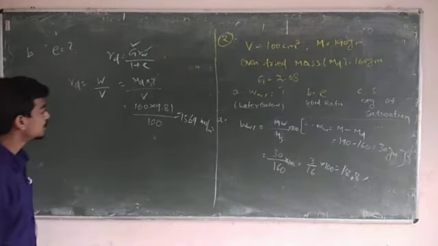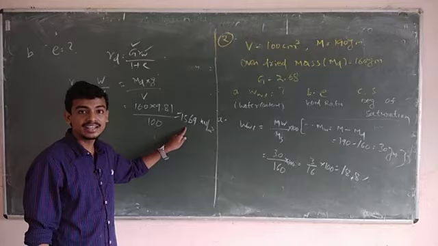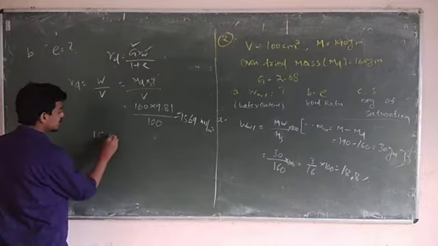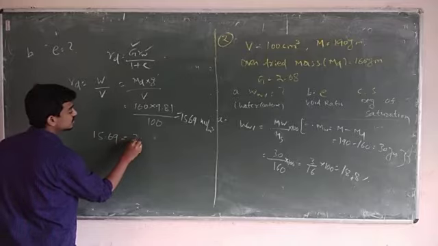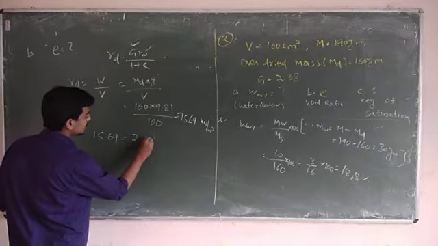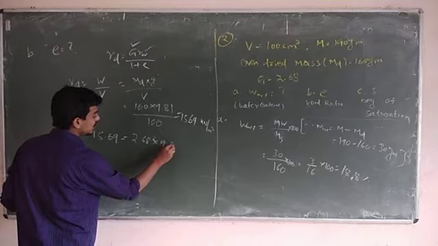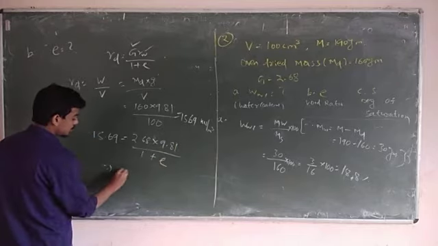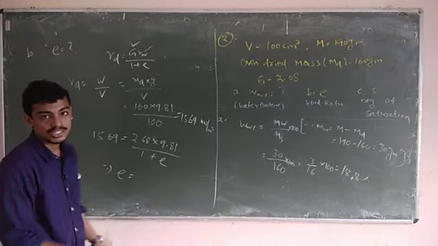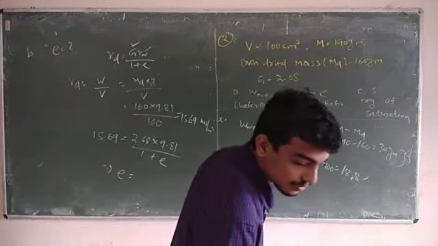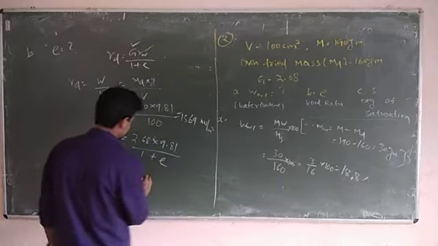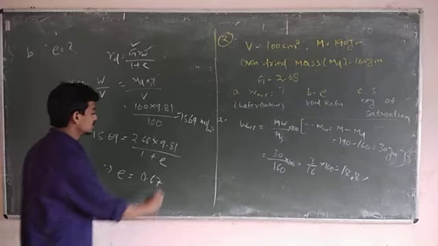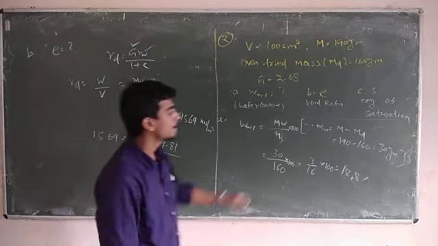Okay, this is gamma D. So from this gamma D you can calculate E. Just put the values. 15.69 equal to G means 2.68, gamma W fixed value that is 9.81 by 1 plus E. So from this the only unknown is E. You calculate E. So E is coming 0.67. So this is the answer of second bit.